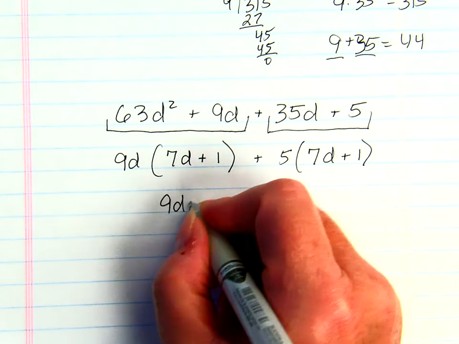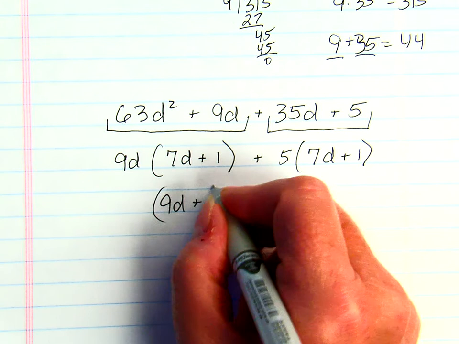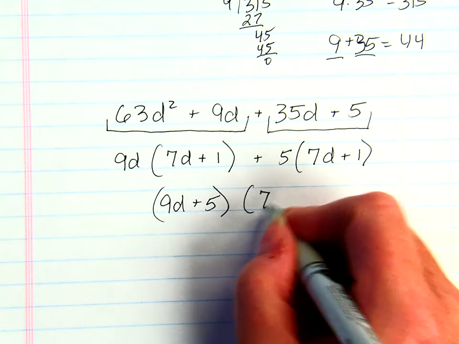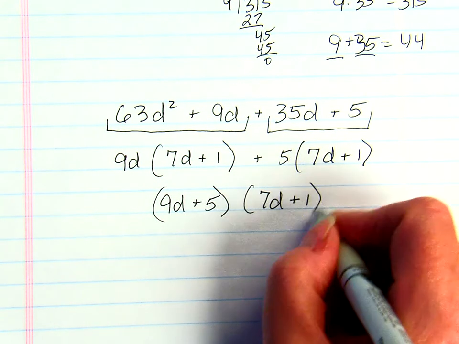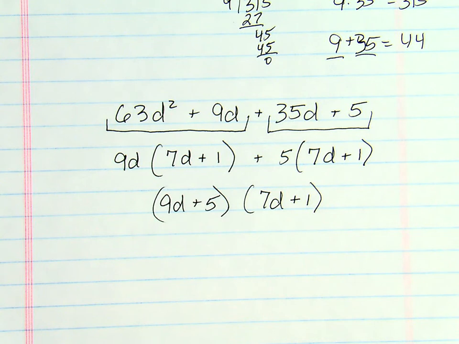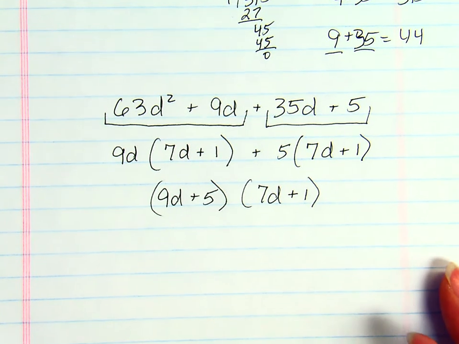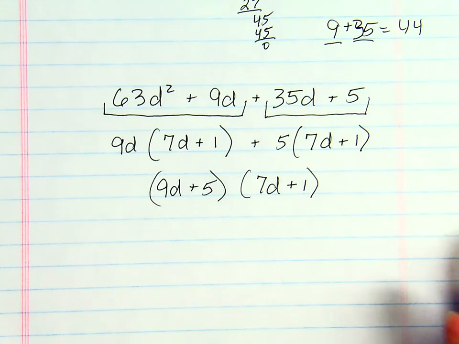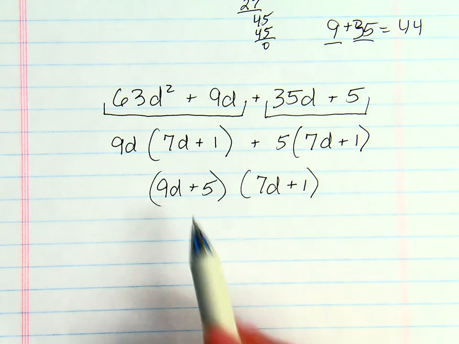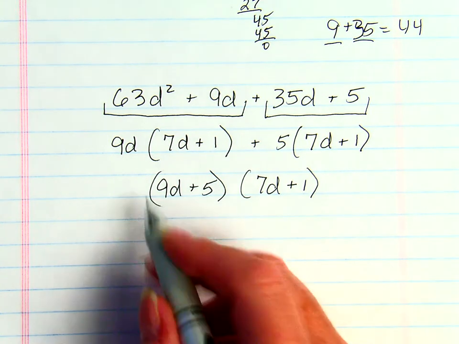Now, of course, it all goes together: 9D plus 5 times 7D plus 1. For this first one, I'm going to FOIL it so that you can see I'm going to come out with my 44D.